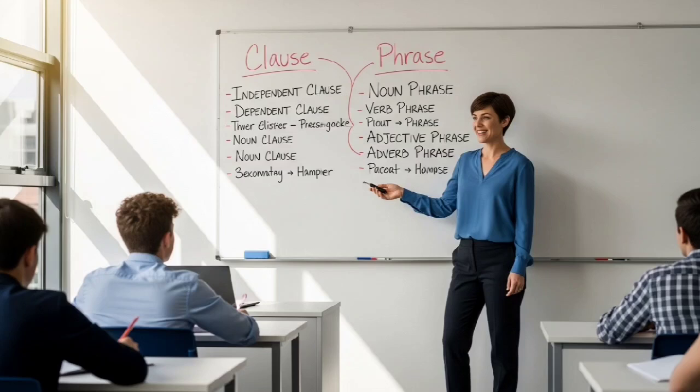Kinds of dependent clauses. Dependent clauses are of three main types. Noun clause. A noun clause works as a noun in a sentence. For example: I know that he is honest. What she said made me happy. She believes that dreams come true.